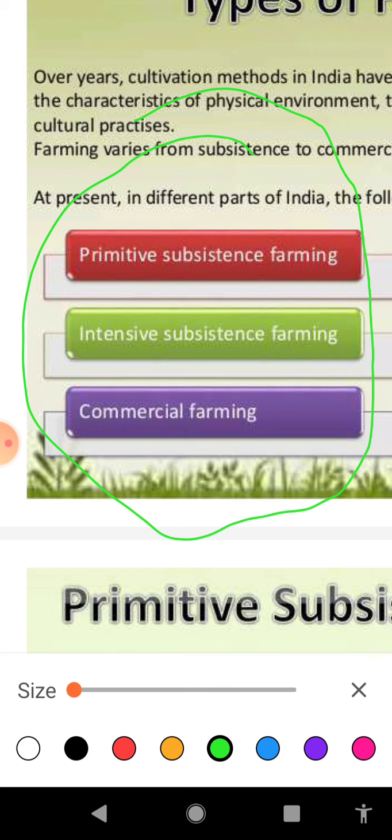So these are the economic factors, and all these factors have been influencing the type of farming in our country.